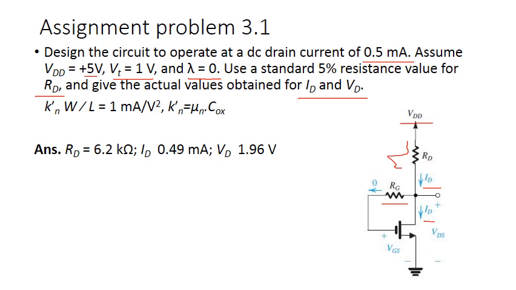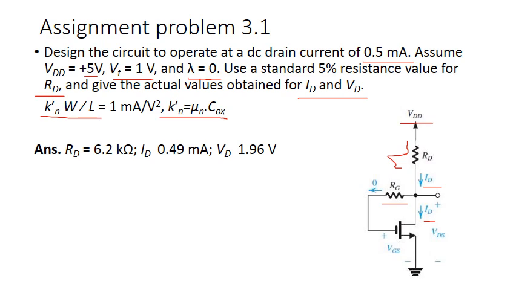Kn dash and W by L ratio are given for the ID equation which we considered in the first slide. Kn dash is mu n Cox. ID is half mu n Cox W by L into VGS minus Vt the whole square. For that particular equation, these values are given, so you can substitute and get the value of ID.